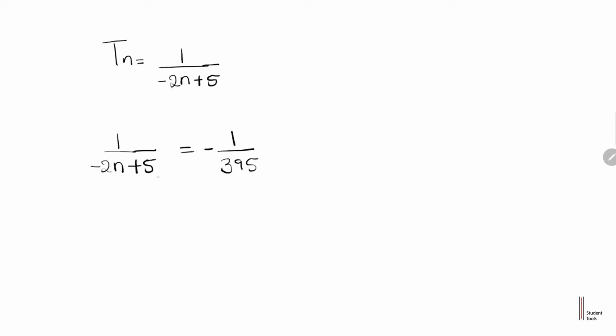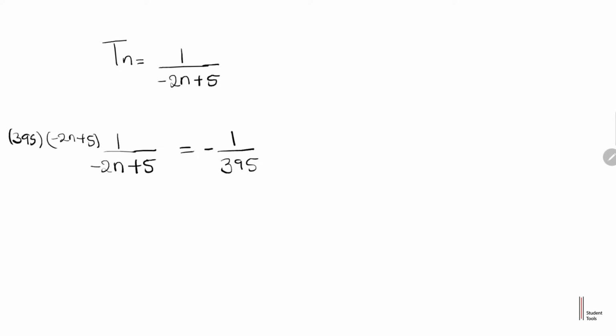So now let us make n the subject to find the value of the sequence, which is equal to that. To make n the subject, we will have to multiply both sides with a minus 2n plus 5, and also multiply with a 395.